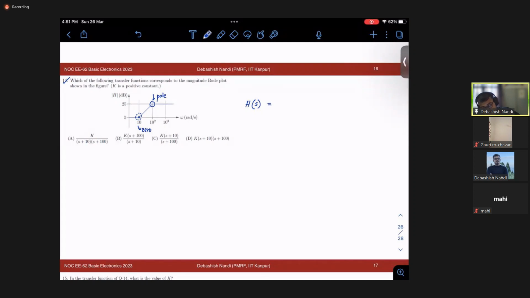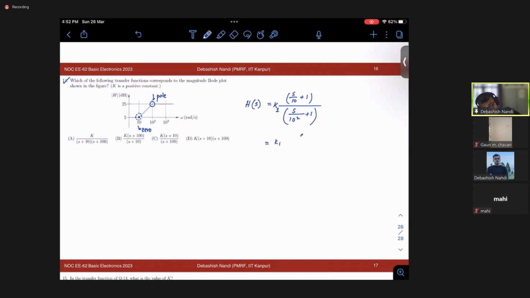So I can simply write the transfer function, in the conventional form, as k1 times (s by 10 plus 1), and the pole is at 100, so (s by 100 plus 1) in the denominator, right? So this is the way you write the transfer function.